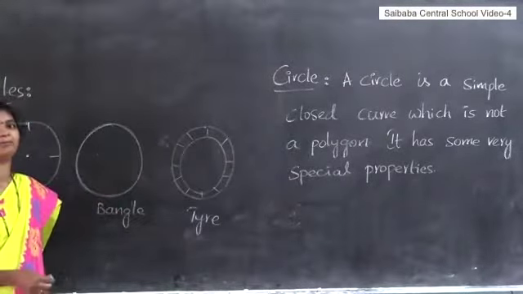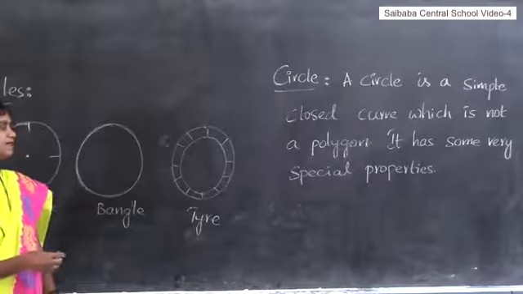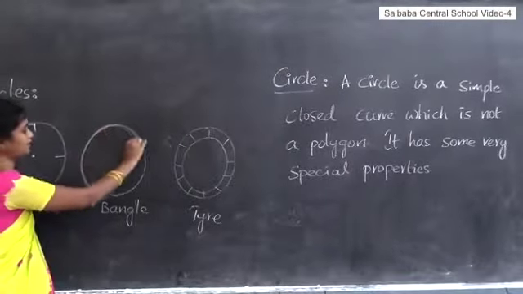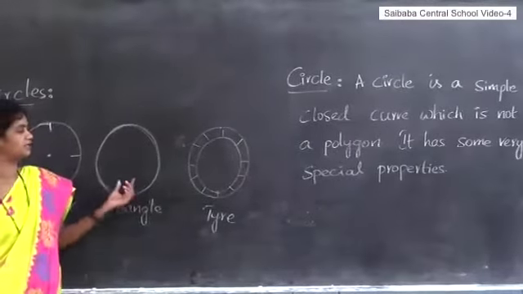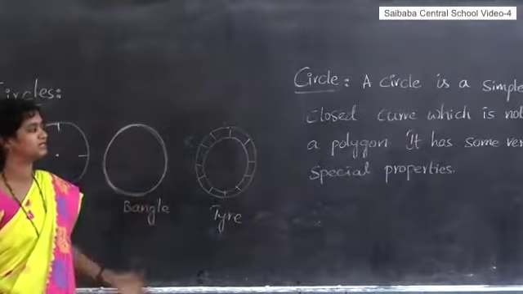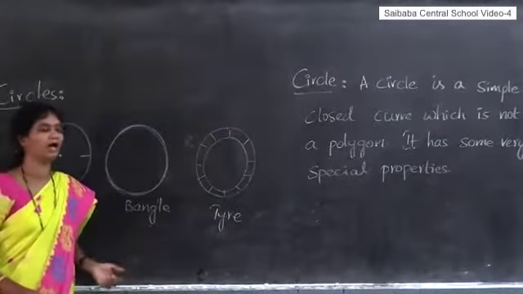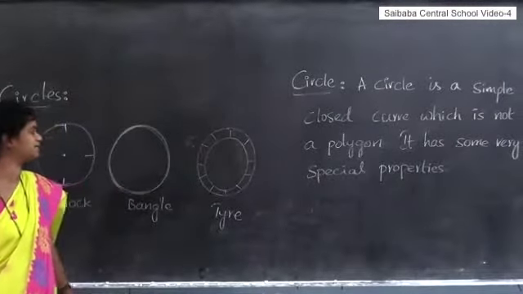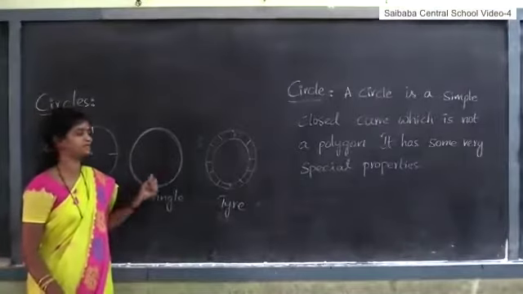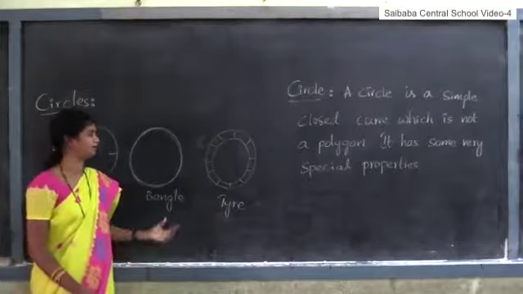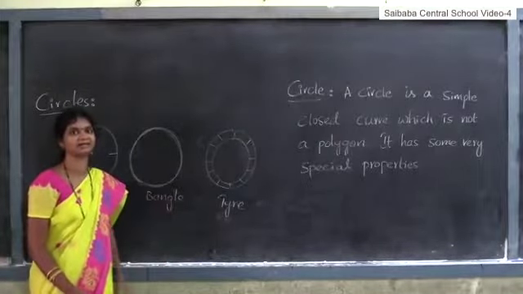We know that a polygon is formed with line segments, but this circle is formed only with curves. And these circles have so many properties and so many parts also. Now let us know one by one what are the parts of the circle.